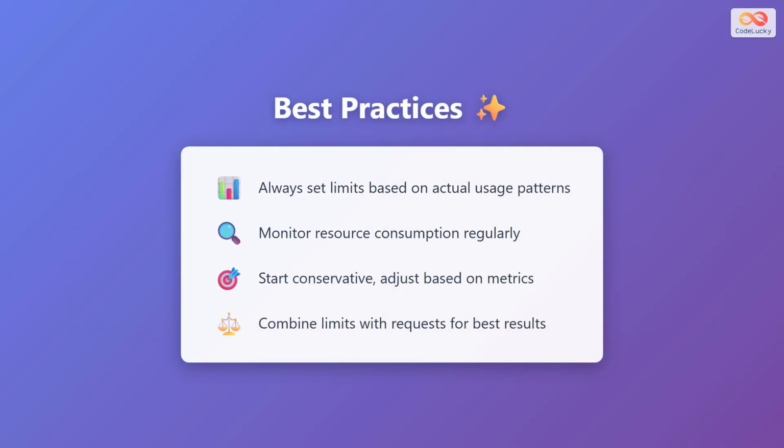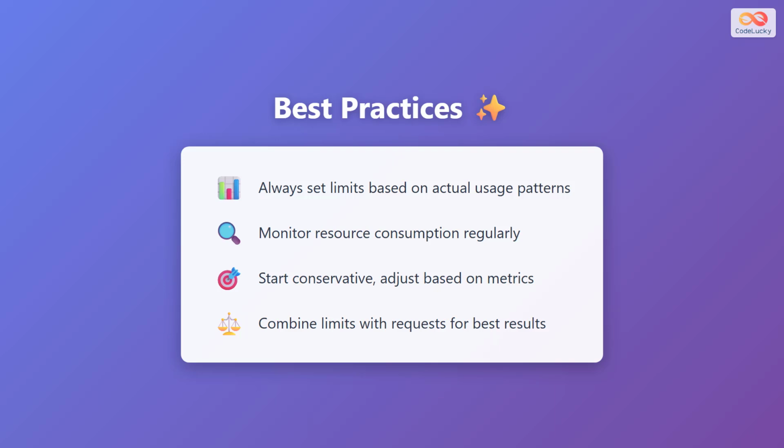Let's wrap up with 4 essential best practices for setting resource limits. First, always set limits based on actual usage patterns rather than guessing. Monitor your applications in real environments to understand their true resource needs. Second, monitor resource consumption regularly using tools like Prometheus or Kubernetes Metrics Server to track how your containers behave over time.